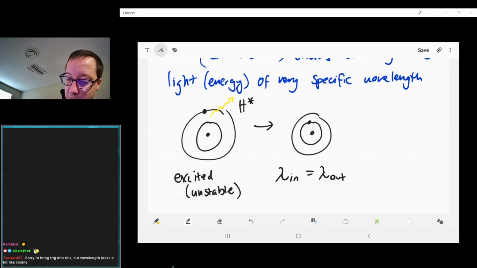And so we could describe it as back to this. So it's often the case where we can't really see light that we put in, but we can see light that we put out. And so if we just pop over to the textbook here, there are consequences for this, in that certain elements can spit out only certain wavelengths of light. And let's go ahead and take a look at what that means.